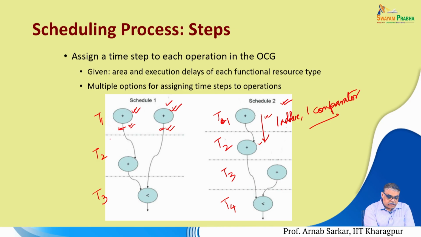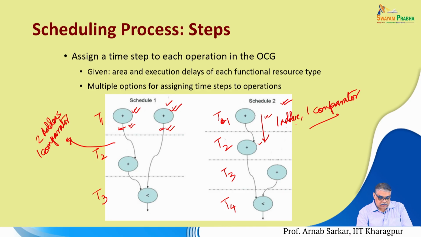However, in the other schedule we will require 2 adders and 1 comparator. So in terms of cost, schedule 2 is lower in hardware resource cost than schedule 1. However, schedule 1 exhibits better performance, it completes earlier than schedule 2.